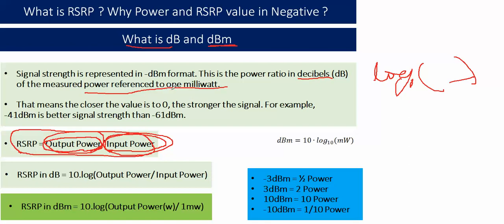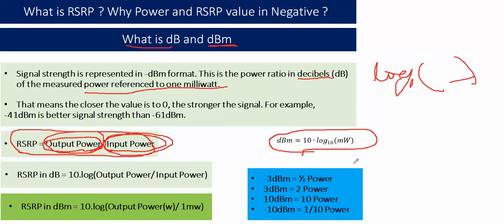Taking reference to 1 milliwatt is called dBm. RSRP we see in dBm, so we take the input power as 1 milliwatt for reference.